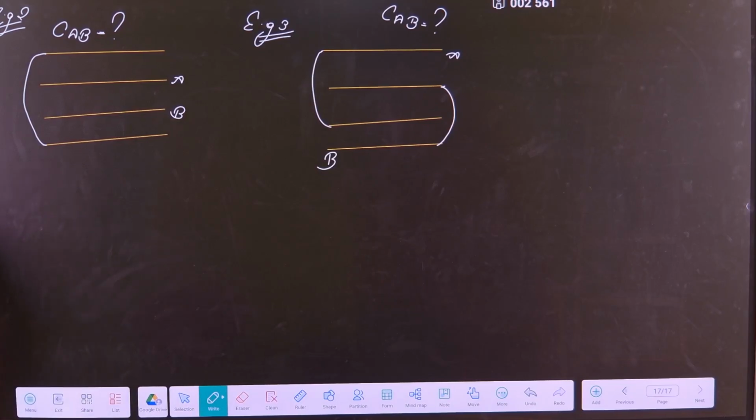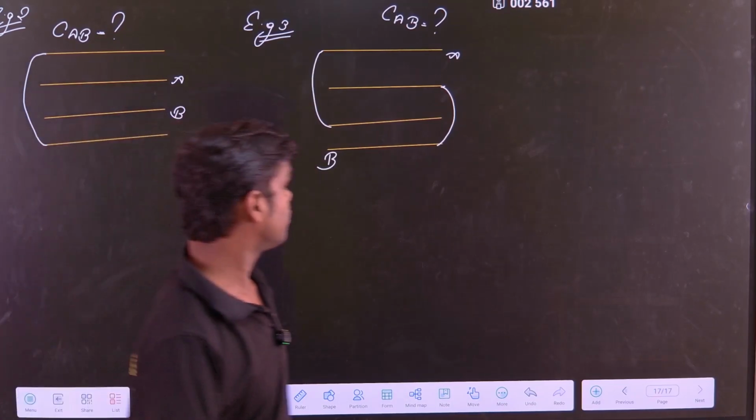I'm drawing it for you, just tell me what is the CAB.